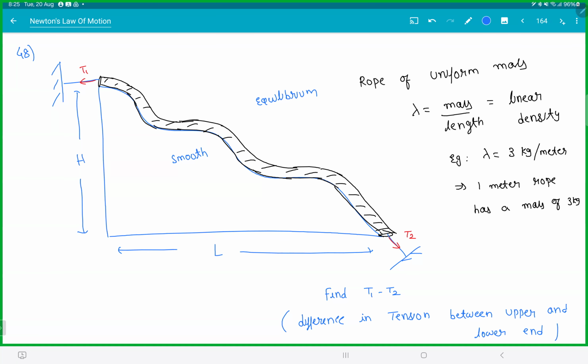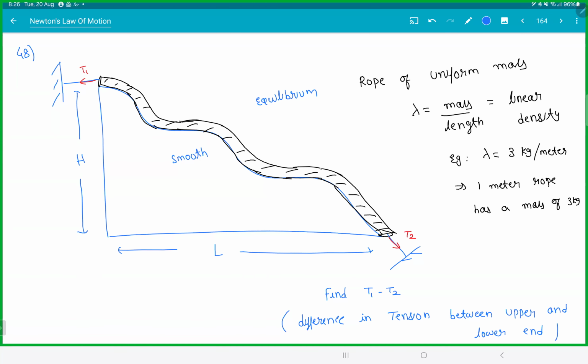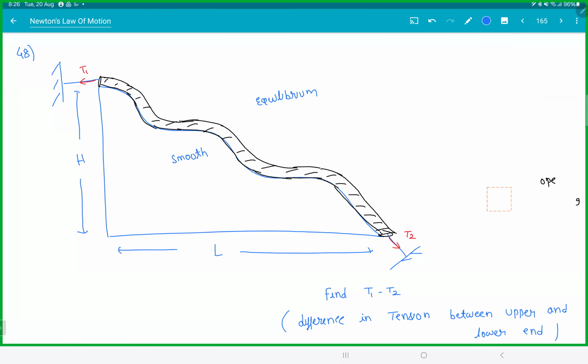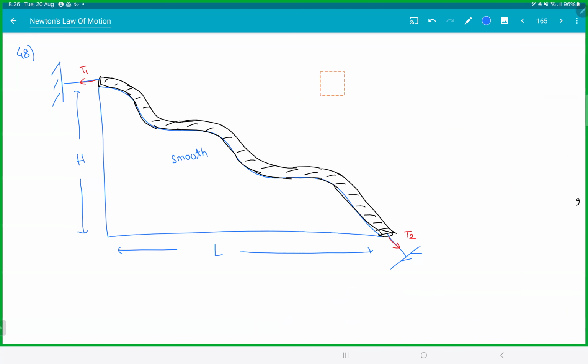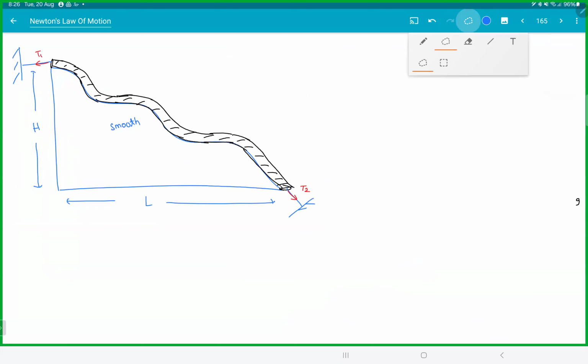Listen, this is a little weird. Listen to this carefully. We'll again encounter a similar problem in friction. So these kinds of questions, the idea is: consider a very small piece here, ds.